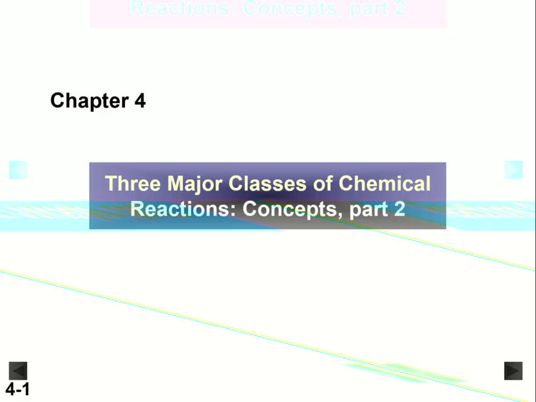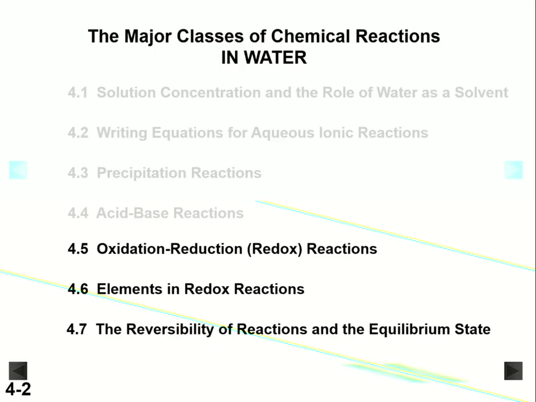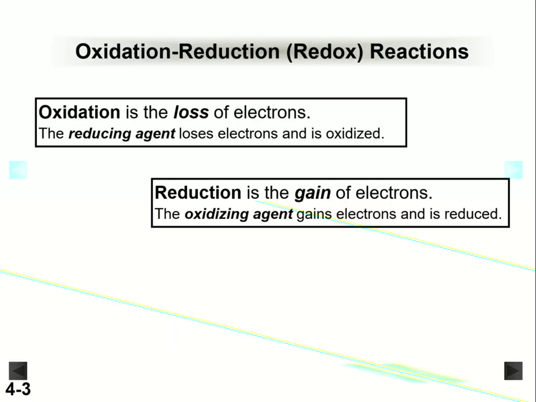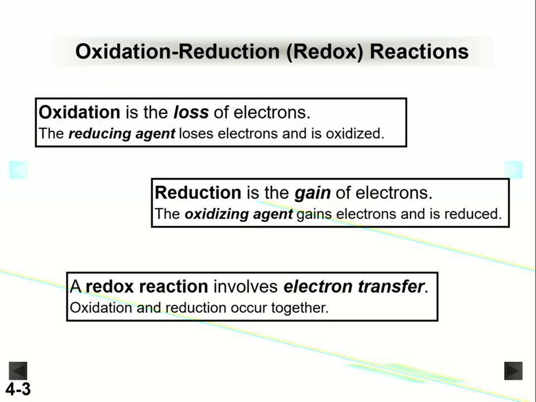In this video, we continue with our concepts from Chapter 4, focusing on oxidation-reduction reactions, or what are also called redox reactions. An oxidation-reduction reaction involves two species. One gets oxidized.